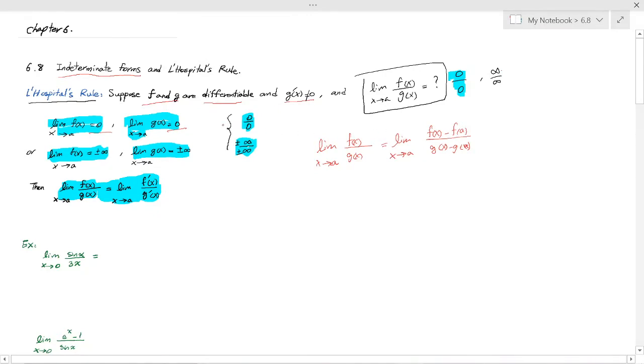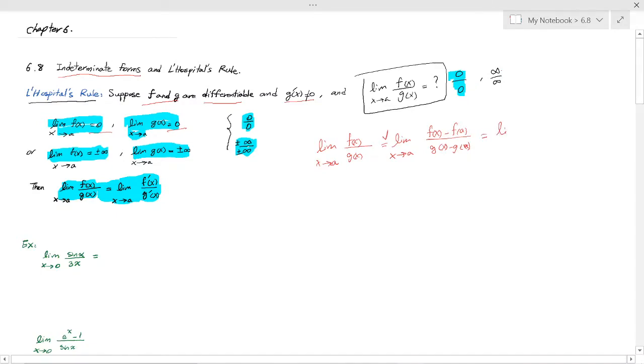Why can I say that? Because we assume that the limits of f and g are both 0, which means these two terms are supposed to be 0. This is what our assumption was. If you subtract 0 from anything, it doesn't make any difference. In this case, these two are equal to each other. This is a true statement.